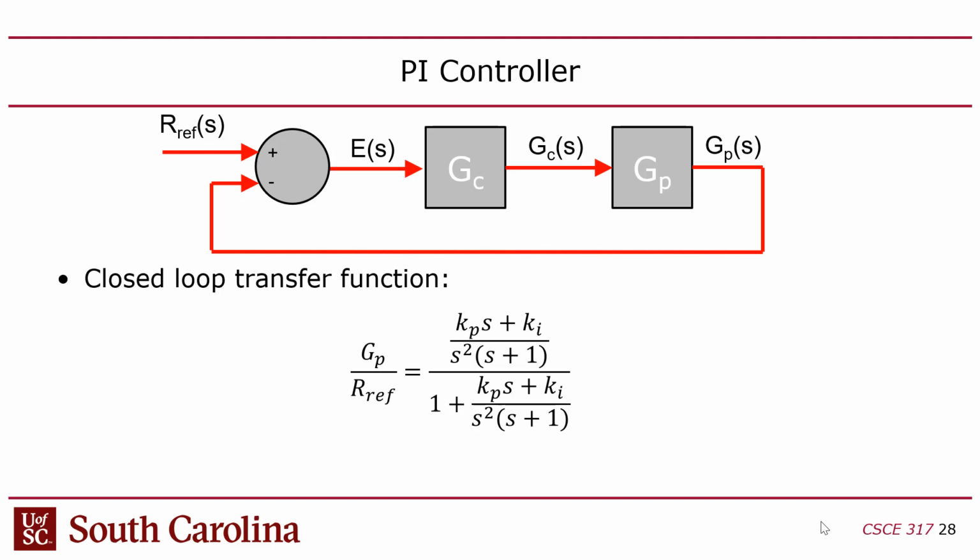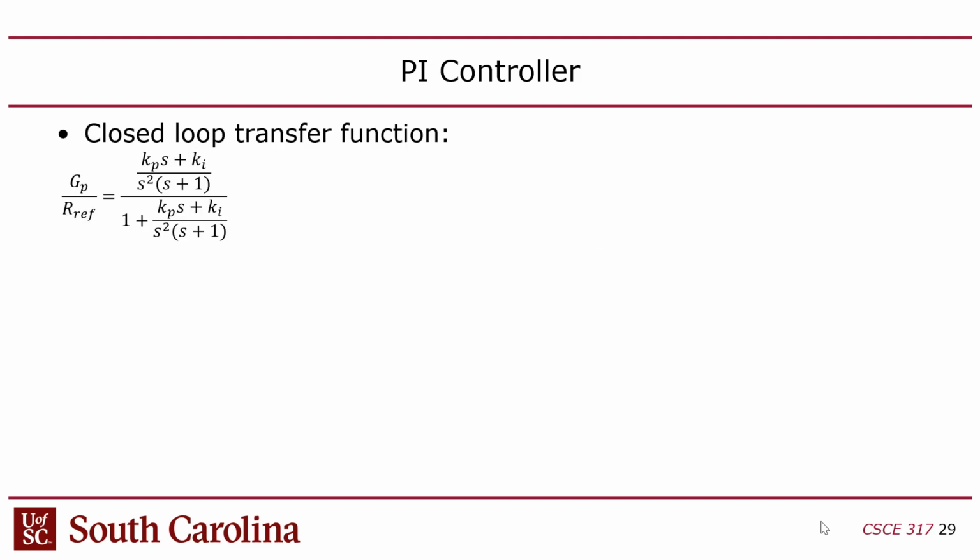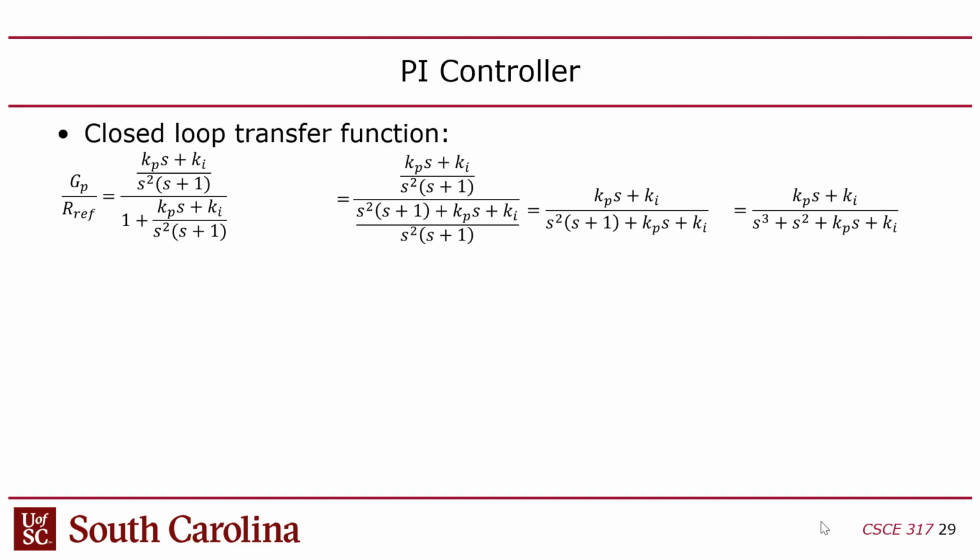So you can see that this starts to get a little overwhelming, so I tried to simplify that. How do you simplify that? It was just a bunch of algebra. I multiplied the denominator by S squared.